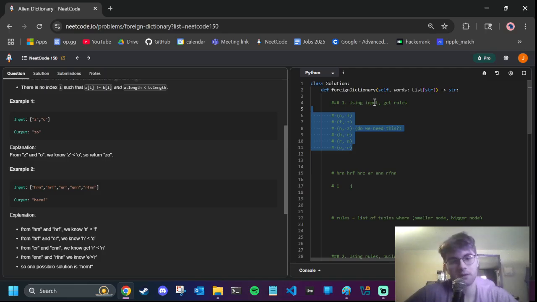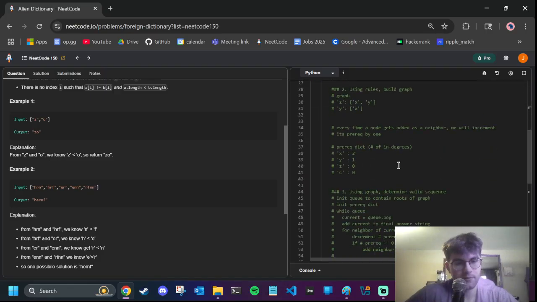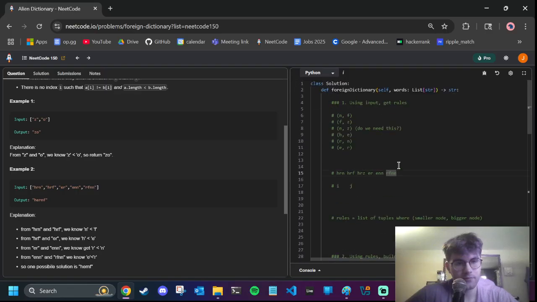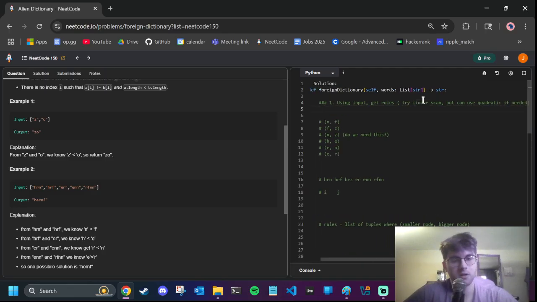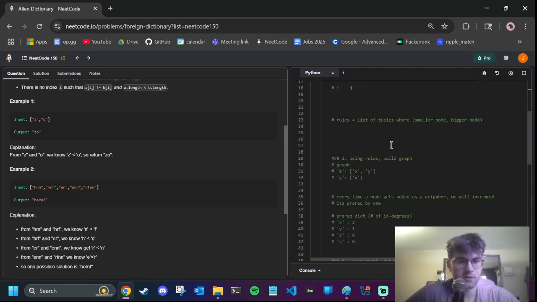I'm not convinced we need the extra rules. But if we do, then it shouldn't be too hard to implement. So try linear scan, but can use quadratic if needed. Okay, so I'll try this.